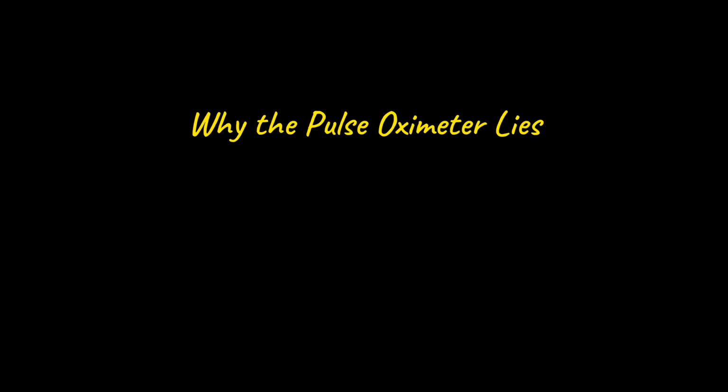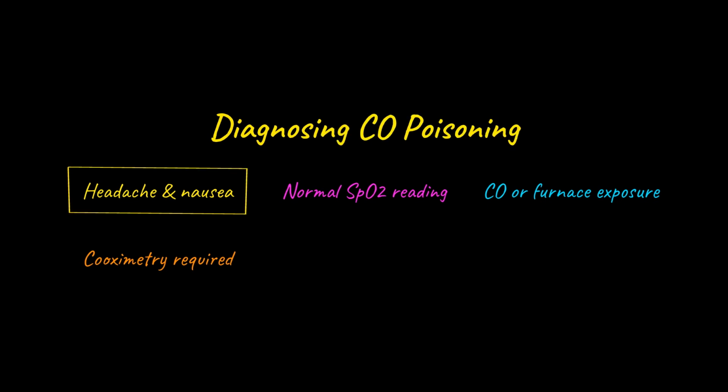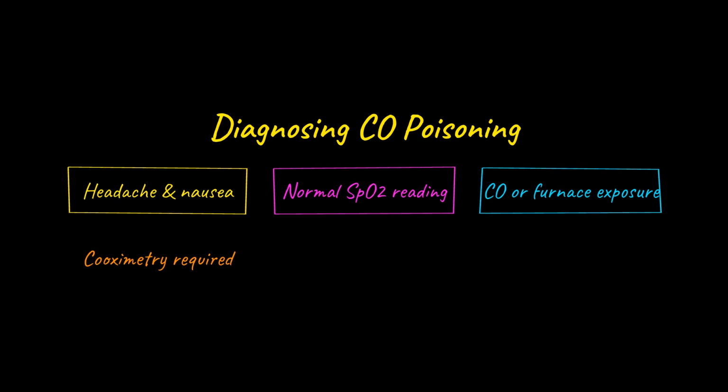Pulse oximeters shine 2 wavelengths of light through tissue and calculate saturation based on absorption. Carboxyhemoglobin absorbs red light almost identically to oxyhemoglobin, so the device counts it as oxygenated, displaying 95% or higher while the patient is actually hypoxic. Clinically, suspect carbon monoxide when symptoms like headache, nausea, and confusion follow a furnace or smoke exposure, especially with a deceptively normal pulse oximeter reading.